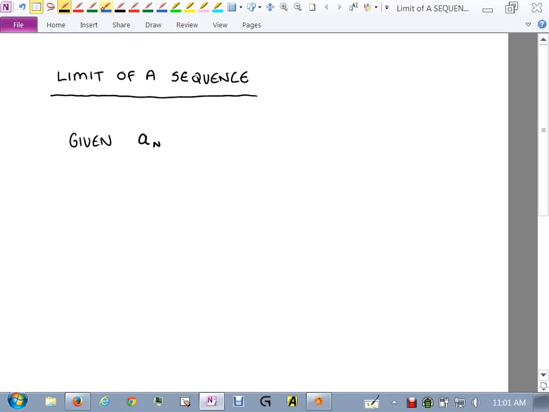I could have written a sub n, or I could have written a set of braces, a sub n, or I could have written something like a sub n equals 1 to infinity. All of those would be the same thing, but we're going to represent a sub n as just a sub n, like this. And this really means this. And let's say that it is an infinite sequence, all right? So let's say we're given an infinite sequence.